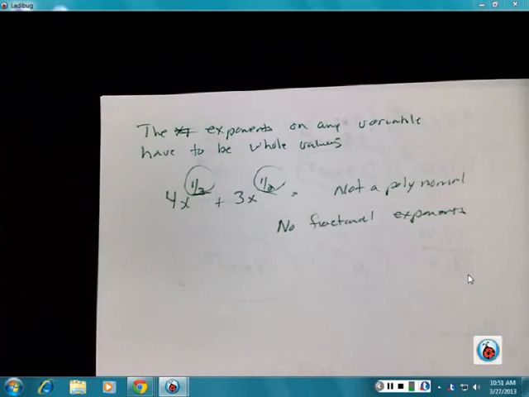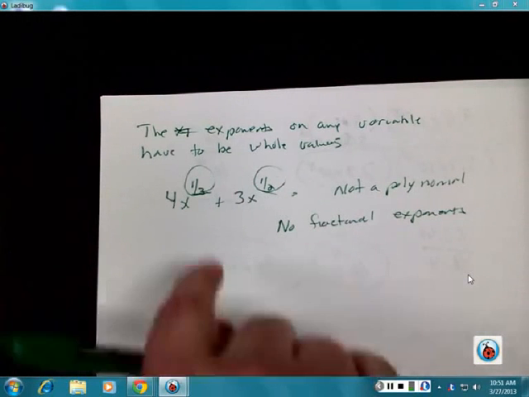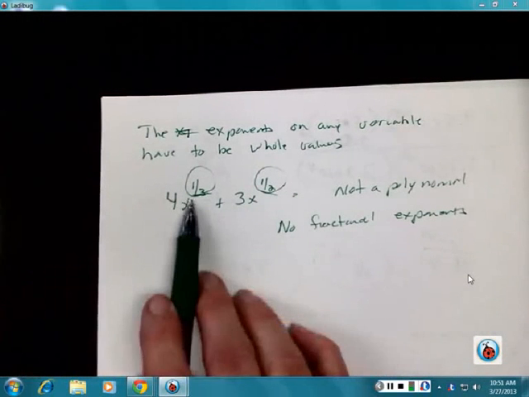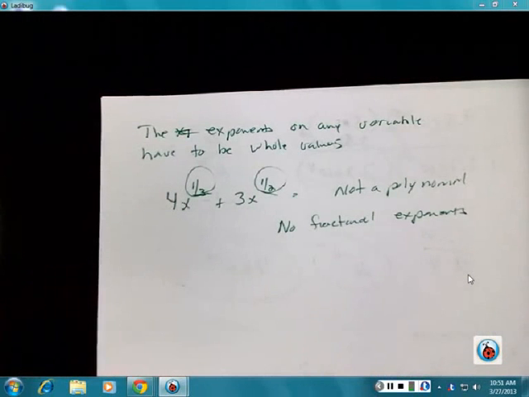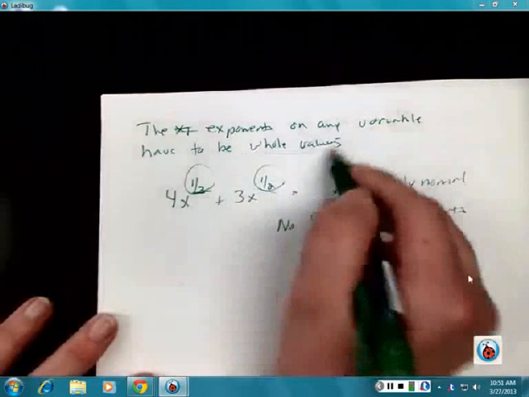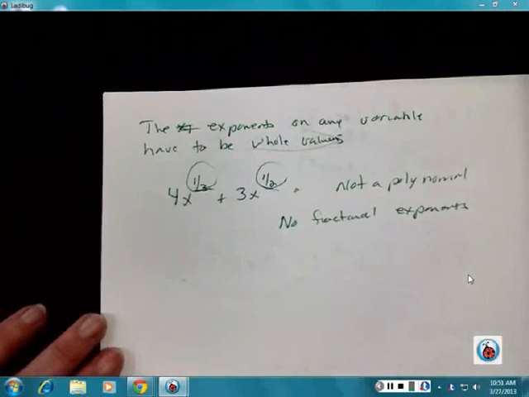We'll do those in intermediate, but not in here. So if it asked what's the name of this, you would have to check not a polynomial. Keep in mind that if it has fractional values in there, any fraction, it's not a polynomial. If it's got just solid whole values for your exponents, then it is a polynomial.